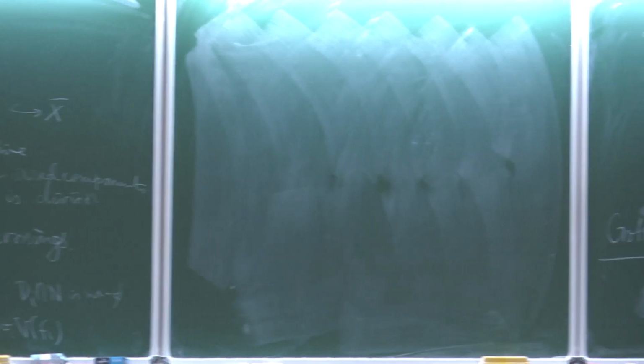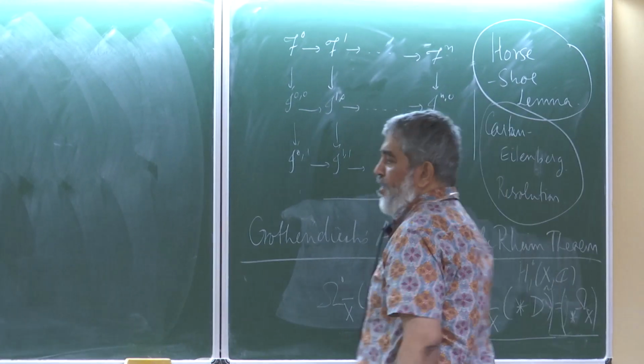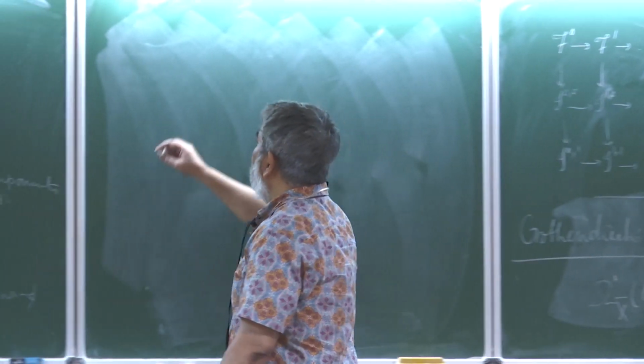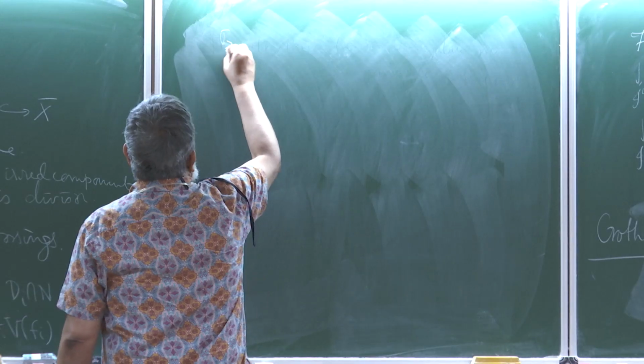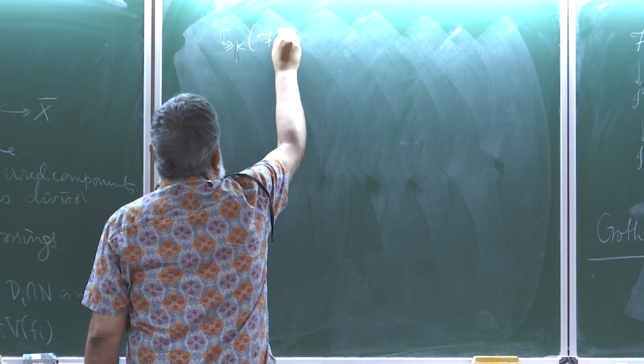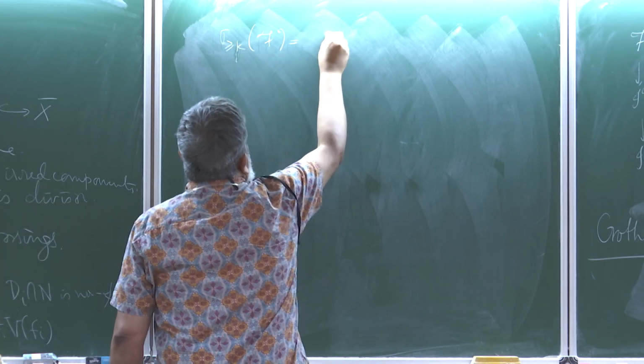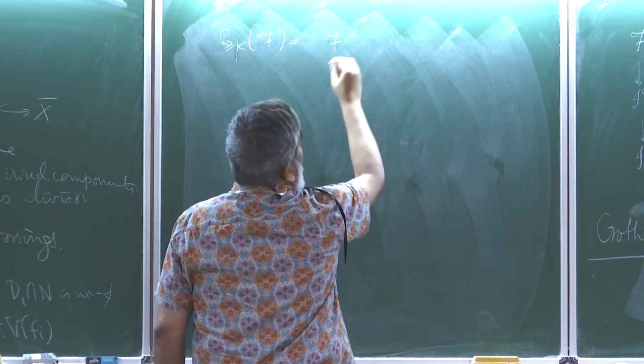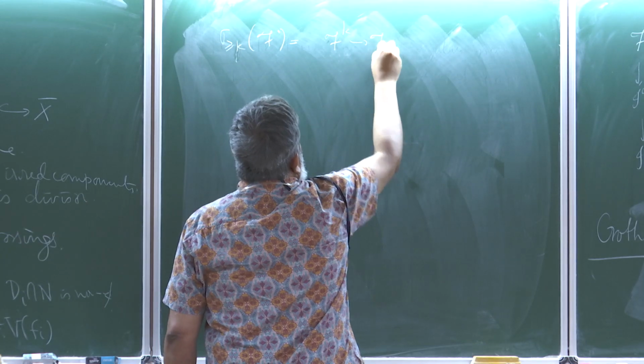So there's a filtration where you just take the higher order terms: sigma greater than or equal to k of F dot, which is F^k, going from k to k plus 1.